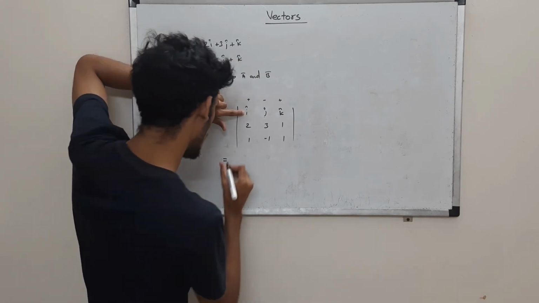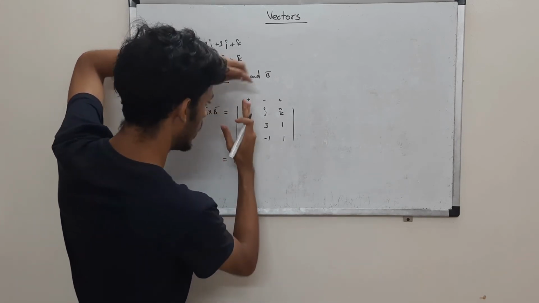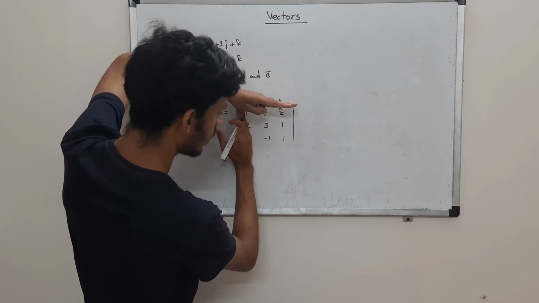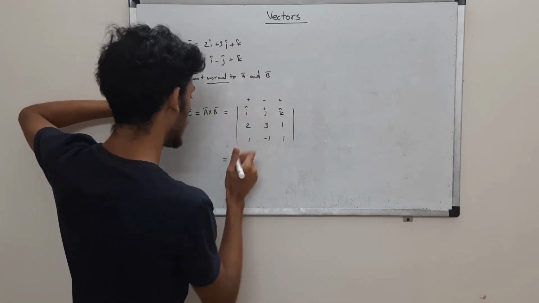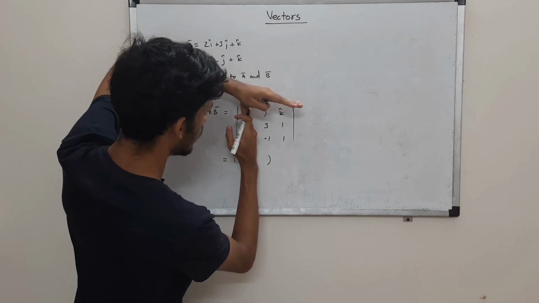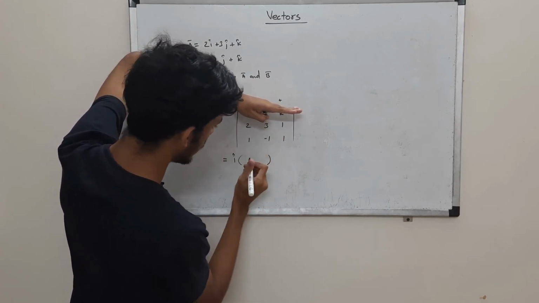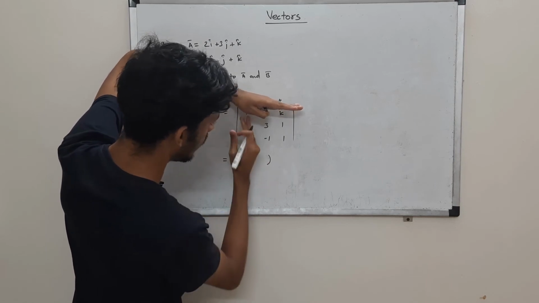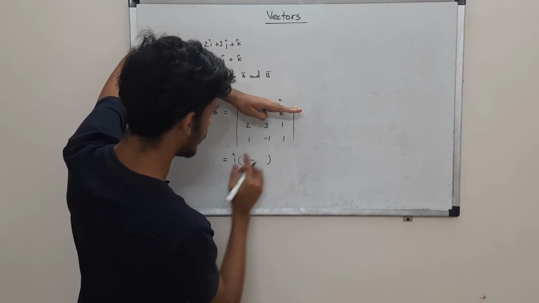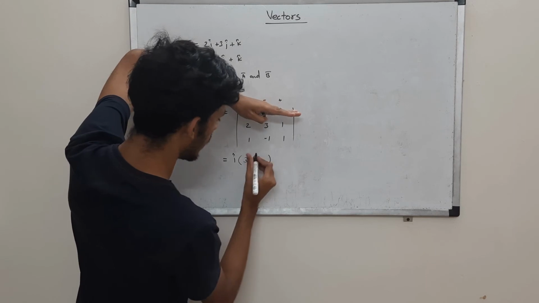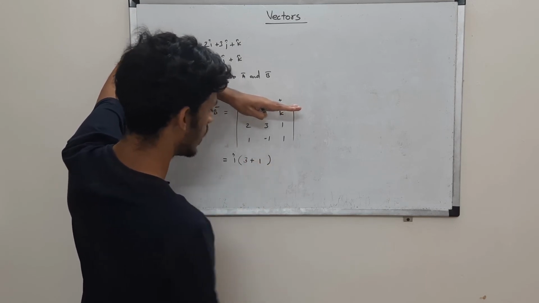So first go to I cap. When you are considering I cap, you'll cross out this, and then you'll multiply this with this. 3 ones are 3, minus sign in between, and this you'll have to multiply. So minus 1 into 1, minus 1. So this sign will become plus.